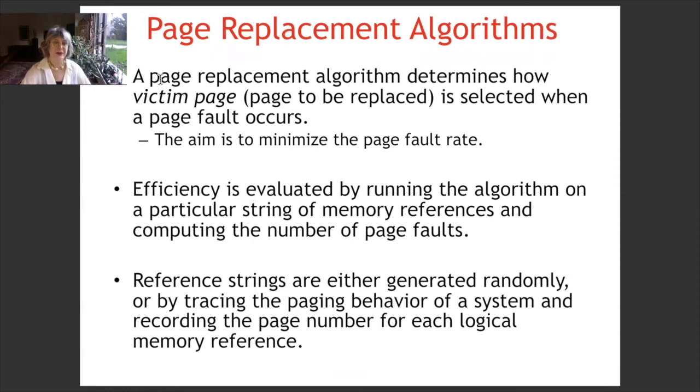A page replacement algorithm determines how the victim page to be replaced is selected when a page fault occurs. The aim is to minimize the page fault rate. Efficiency is evaluated by running the algorithm on a particular string of memory references and computing the number of page faults. Reference strings are either generated randomly or by tracing the paging behavior of a system and recording the page number for each logical memory access.